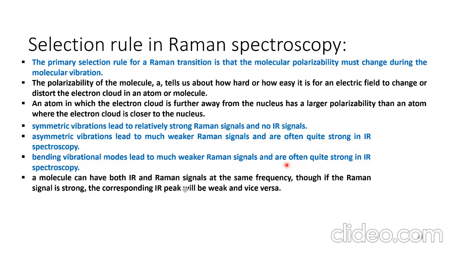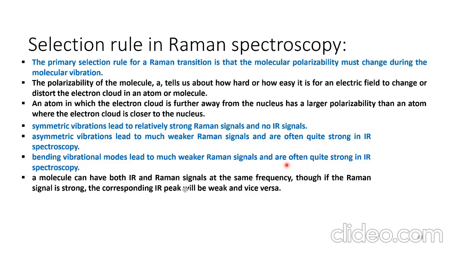So that is the case, we can check whether the molecule is polarizable or not. An atom in which the electron cloud is further away from the nucleus has a larger polarizability, such as F2.